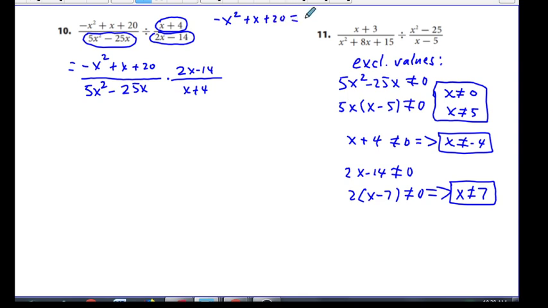What that is equal to is negative 1 times x squared minus x minus 20. Okay, that's going to make our life easier. Okay, so we put negative 1 out here.